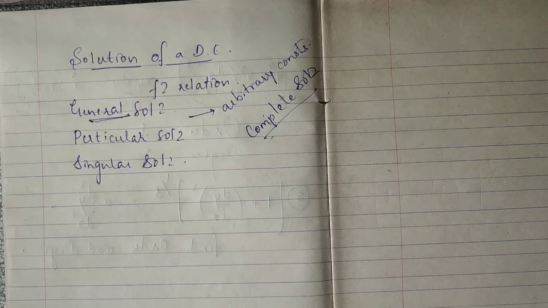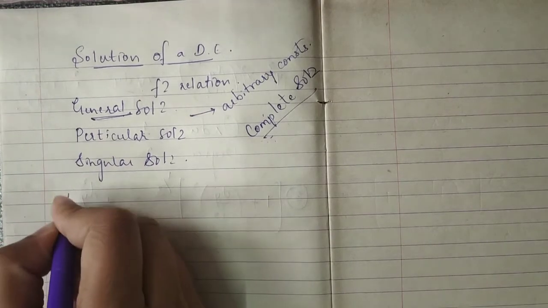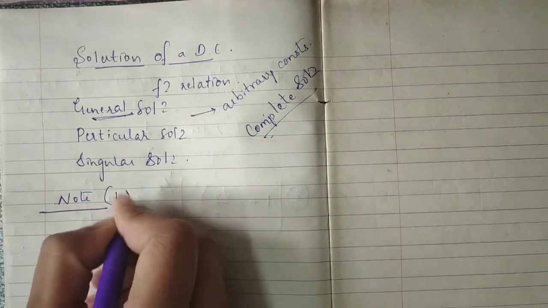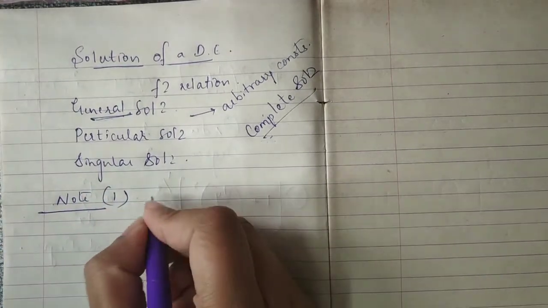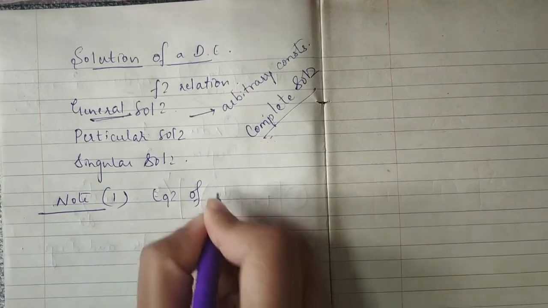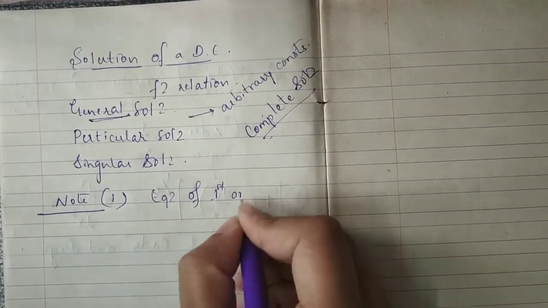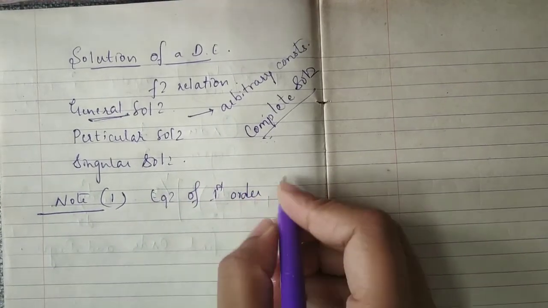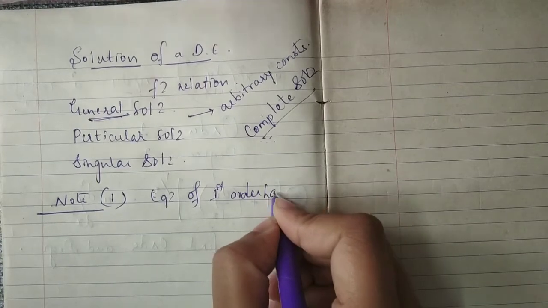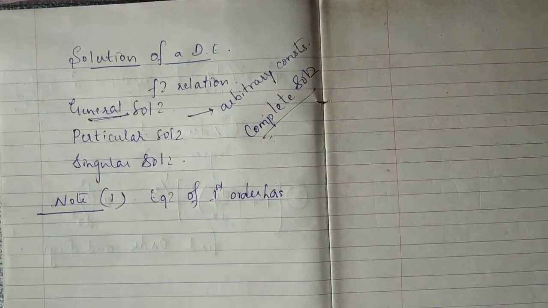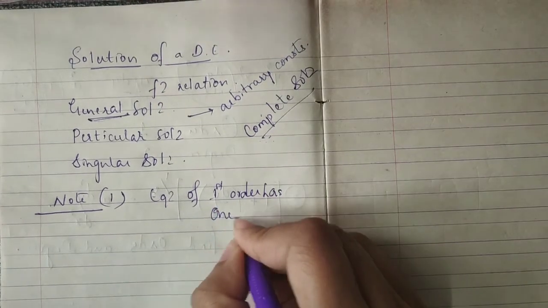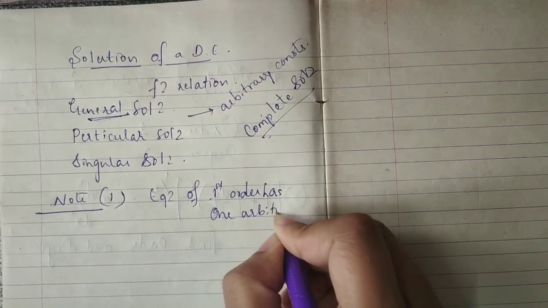Okay. So, after the definitions of these solutions, we have some notes. Take down as note. First note: an equation of first order has one arbitrary constant. Very important.